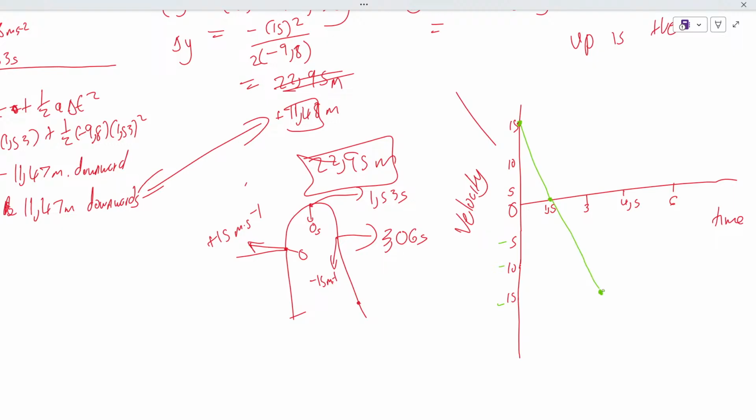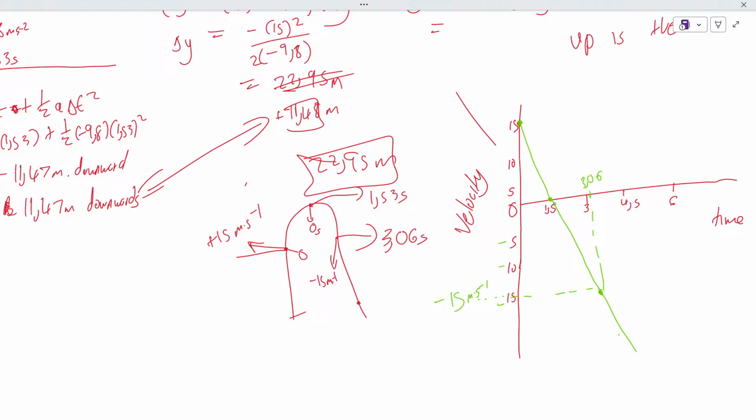This is our graph. And this is the time they say we must show. But here you must just write, or I don't know if by show they mean you just come and do this and say 3,06, and then you just come and say negative 15 meters per second.